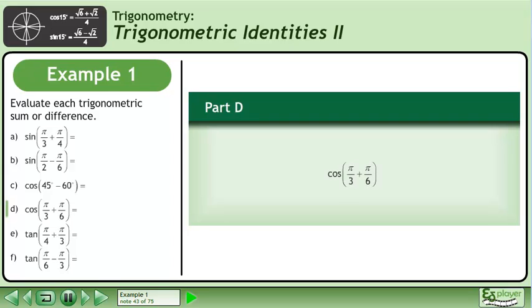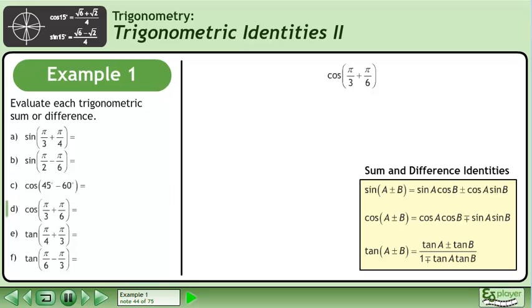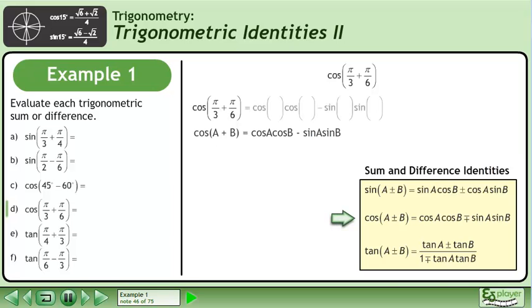In part D, evaluate the cosine of pi over 3 plus pi over 6. Bring up the sum and difference identities. Use the sum formula for cosine. Plug in the angles.